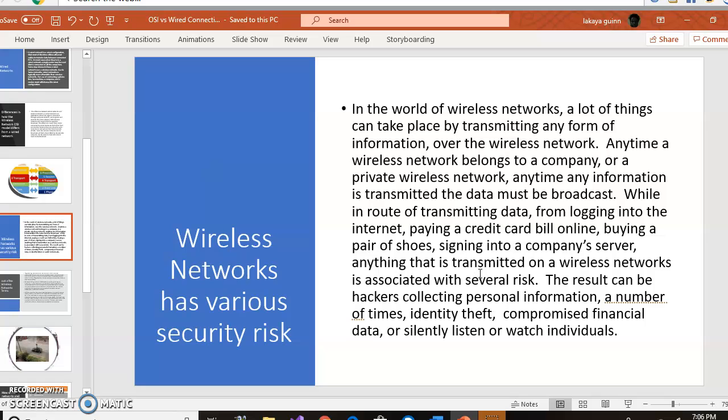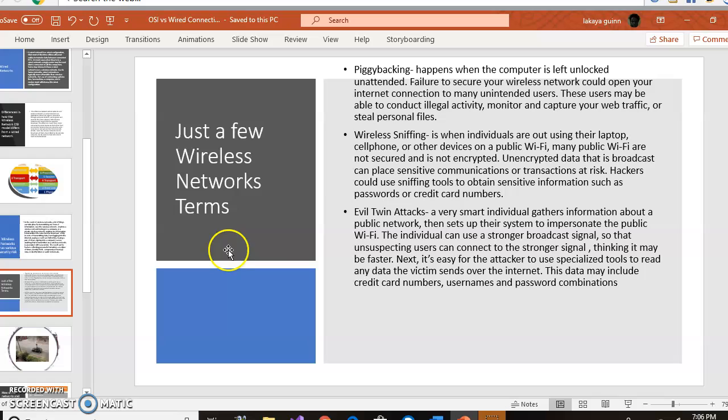The thing to keep in mind is with wireless networks, the signal must be broadcast. Network terms are piggybacking, wireless sniffing, evil twin hacking, or evil twin attacks. Companies create policies and procedures to protect users from piggybacking, which is when the computers are left unlocked and unattended.